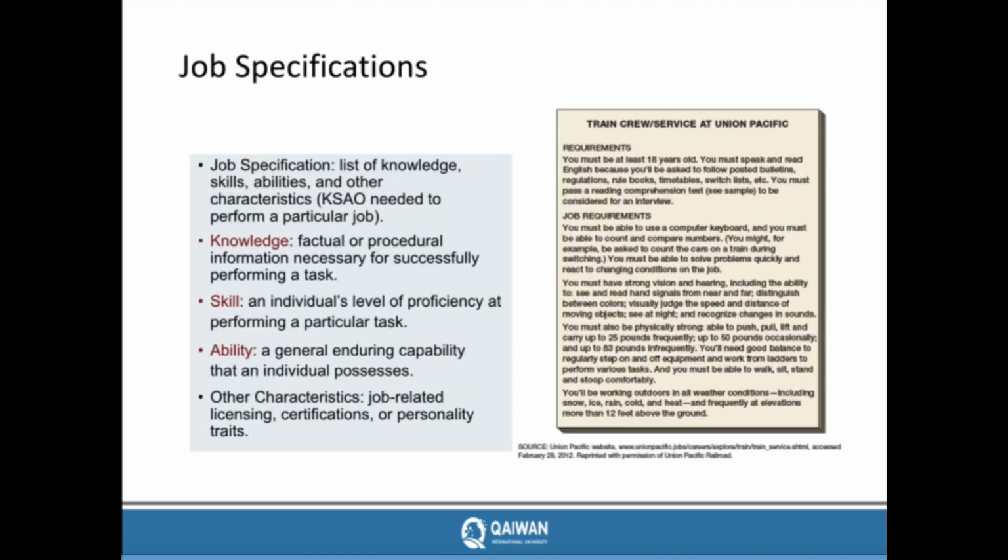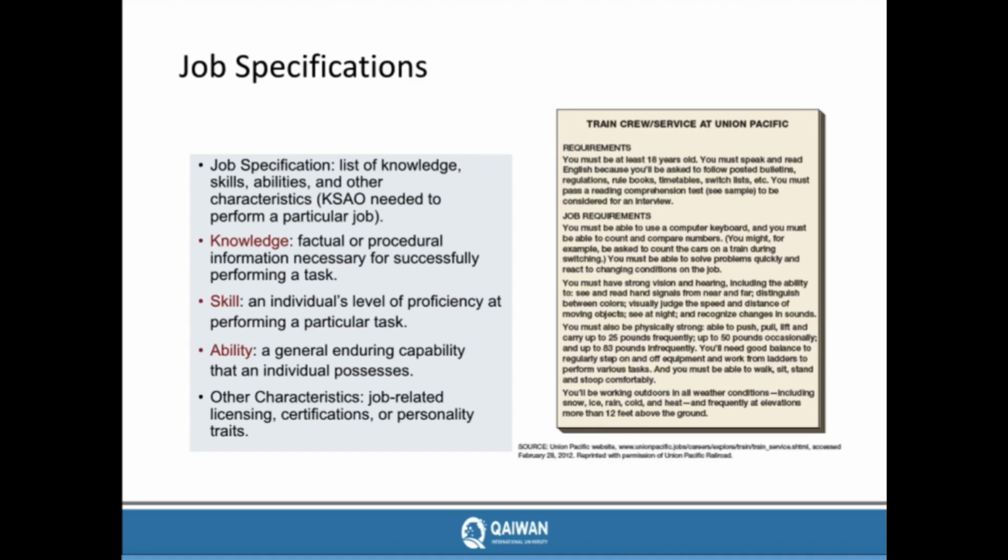But job specifications, as we said, if you remember, the job description focuses on what? On the job, what the person does. But now we shift our focus to the person. So, what kind of person is able to do this job successfully?